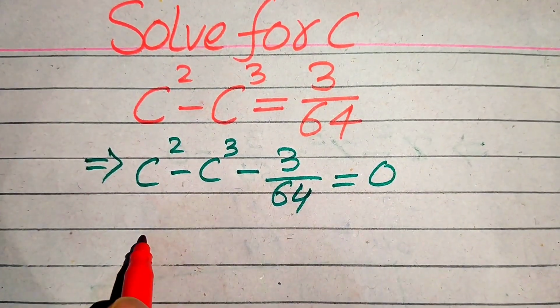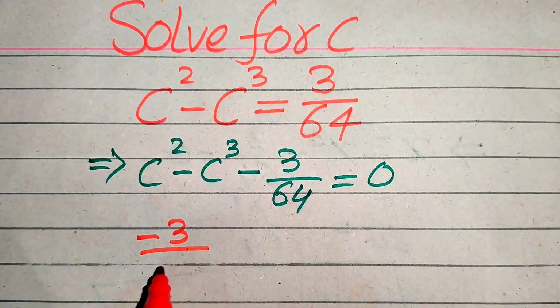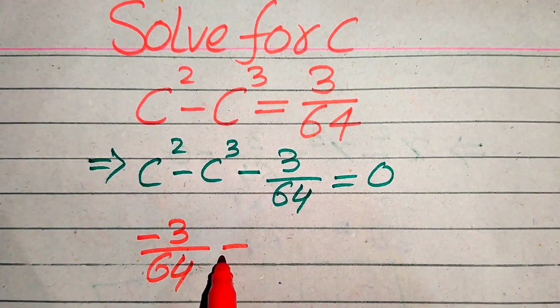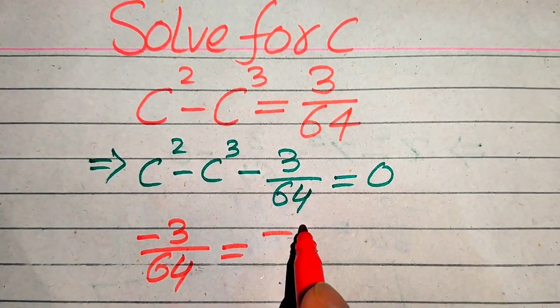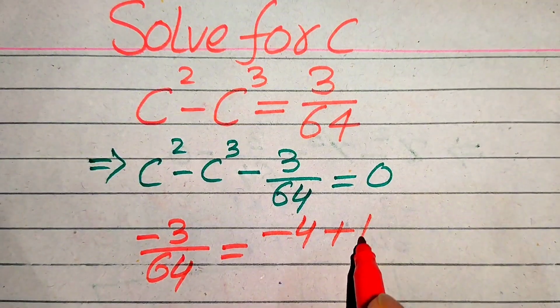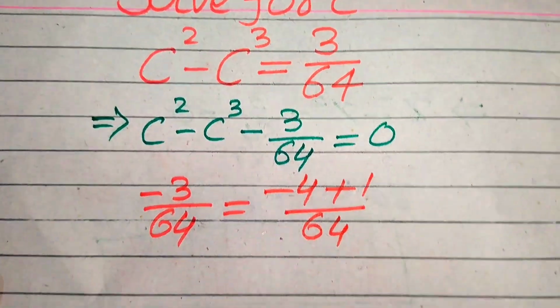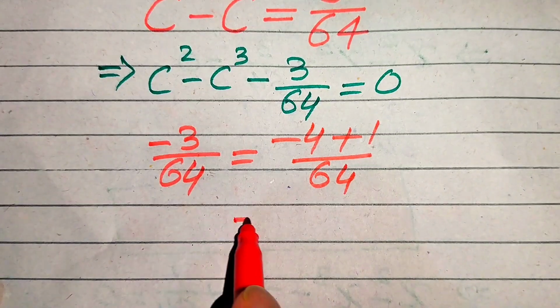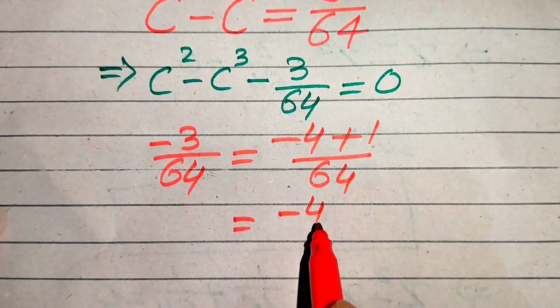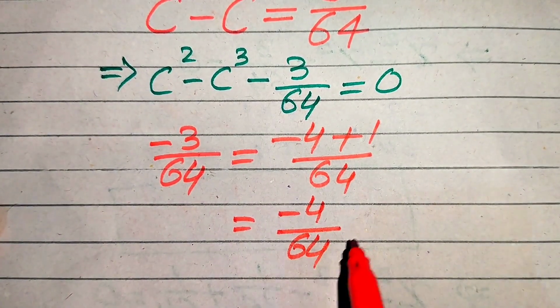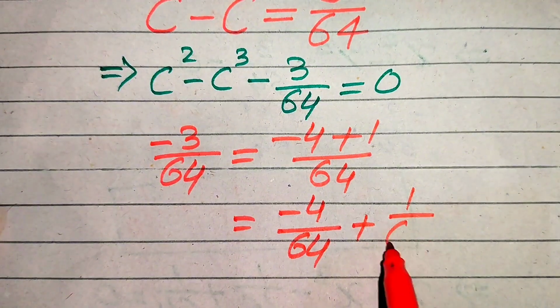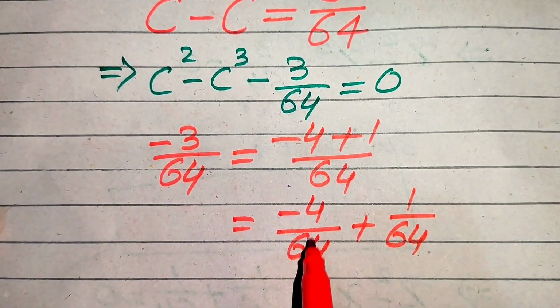So first we rewrite this minus 3 over 64. We write this minus 3 as minus 4 plus 1, divided by 64. And when we break this fraction, it will be written as minus 4 over 64 plus 1 over 64. So we cancel these terms.